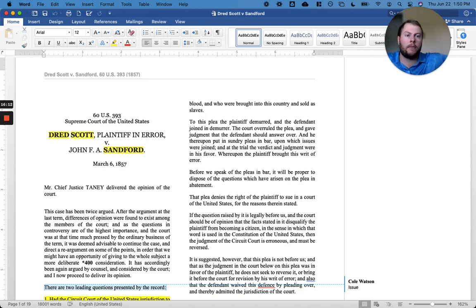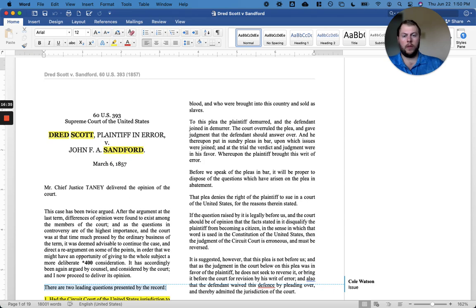I have no claim. There's no injury done to me. So, bringing that back, the central issue in this case is whether Mr. Scott, as an enslaved person, and of course he's going to argue that no, he's a free man, has the right to sue for his freedom in federal court.